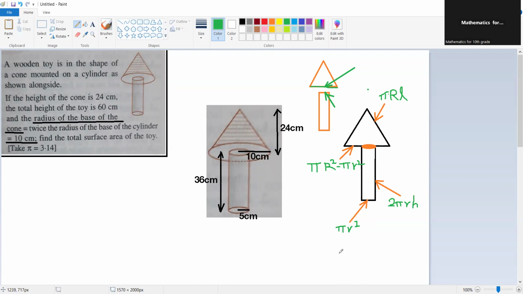So if we add up all of these, the small pi r square gets cancelled. So what remains is the total area of the toy, which is the exposed surface area of the toy.